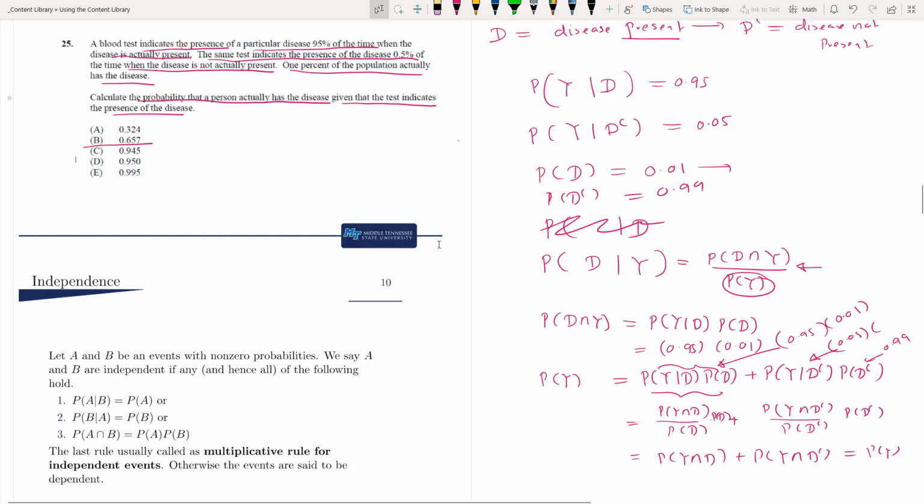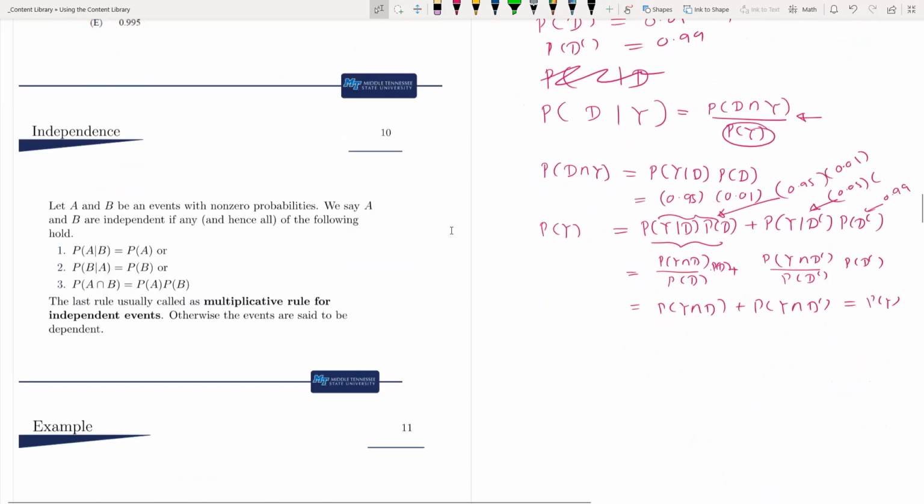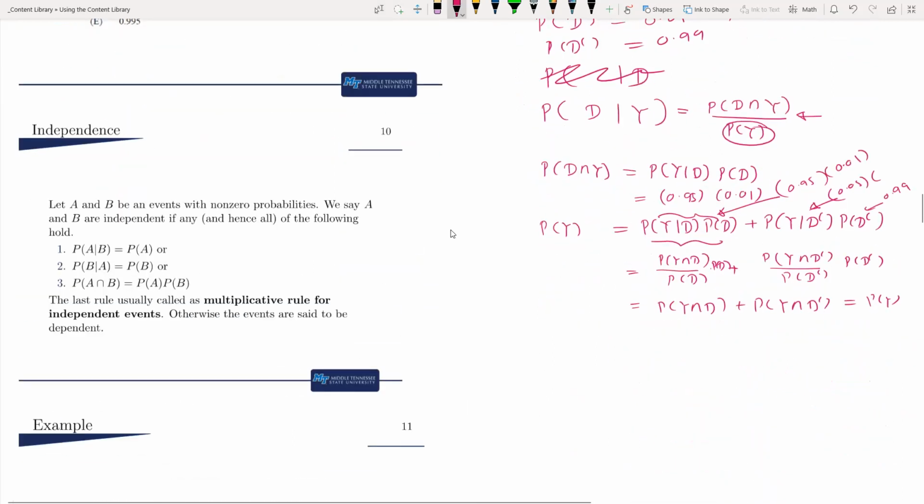So you can see that you can use conditional probability to solve this kind of problem. Next we have this idea: two events are independent. What does that mean? Two events are independent if one cannot affect the other. That is the intuitive idea. We know the conditional probability of A given B. Knowing this event B already occurred, if that does not change anything, then A and B are independent.